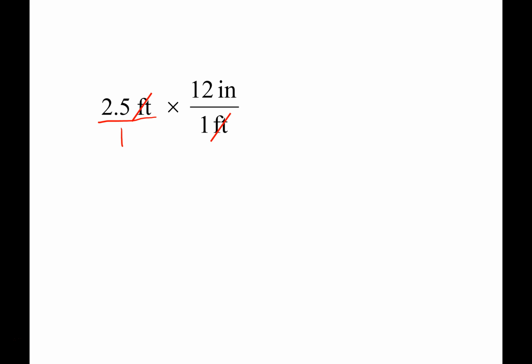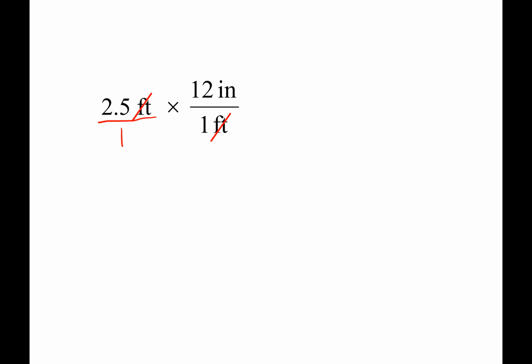This is what I said, as long as your units make sense as you work your problem, then you're in good shape. All right, so we know our units are fine. Now we're ready to worry about our numbers. The numbers we have are 2.5 and 12, so we multiply that out.